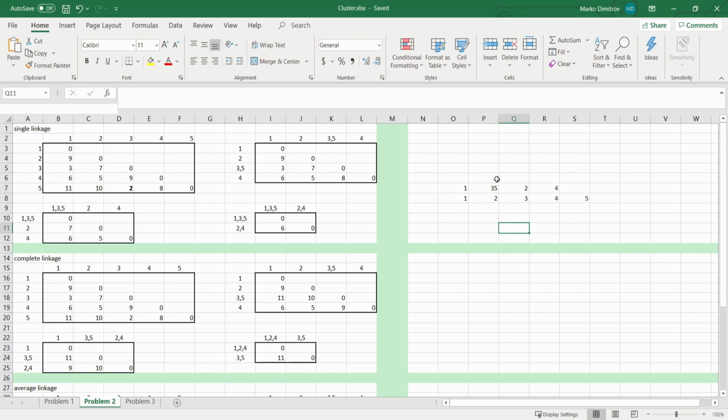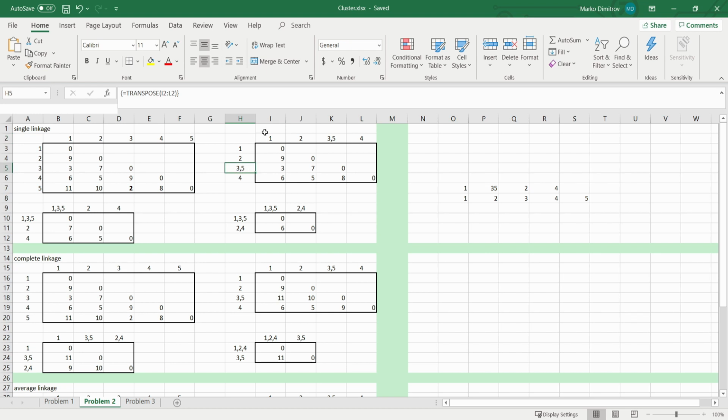Now we have 4 groups. We need to create distances between those clusters, but still we use the minimum distance. So we have 4 clusters: 1, 2, 3 and 5, and 4. The distance between 1 and 1 remains the same, and between 2 and 1 remains the same. But what is the distance between individual 1 and cluster 3, 5?